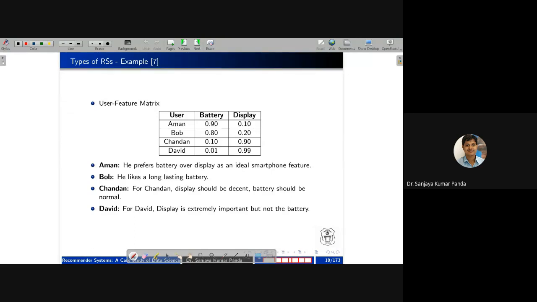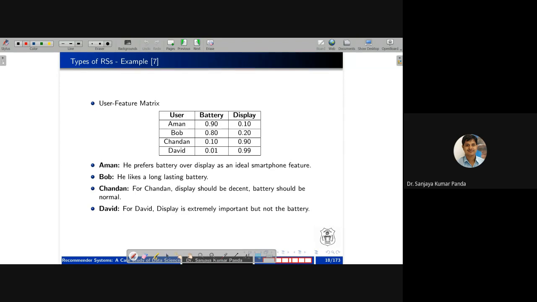But when you come to Bob, the second user, he likes a long-lasting battery. He has given the parameter values 0.80 and 0.20 for battery and display respectively. Now coming to Chandan. For Chandan, display should be decent and battery should be normal. So you can say 0.10 for battery and 0.9 for display.